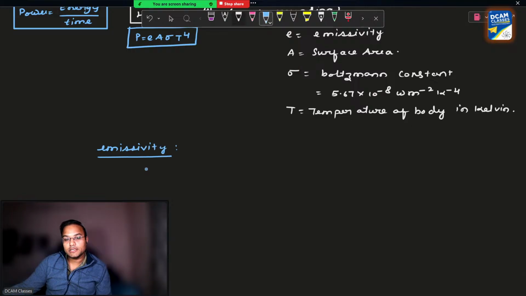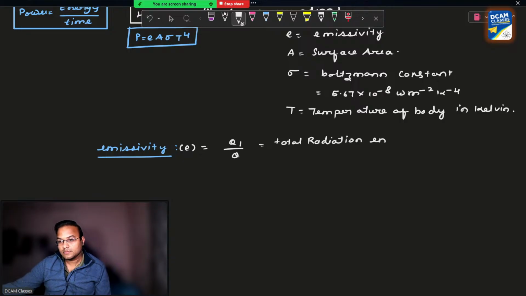What are these things? Emissivity is represented by E, and it represents total radiation emitted by total radiation incident.